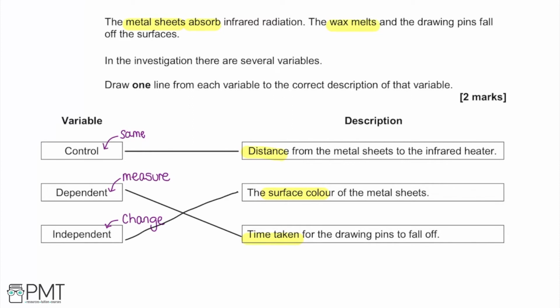So we can see that quite easily in the diagram, because we've already got one that's silver and then a matte black one. So we've got two different sheets here, and that's basically what we're going to be changing in order to see how the colour of the sheets affects the time taken for the pins to fall off. So how this independent variable is going to affect the dependent variable when we're controlling the control variable, which is the distance.